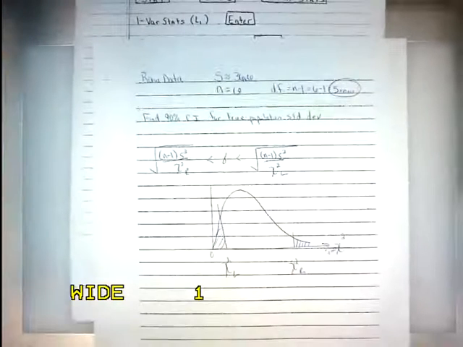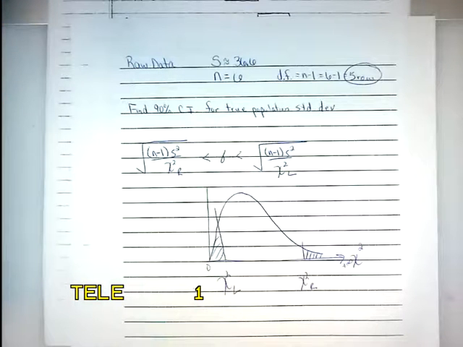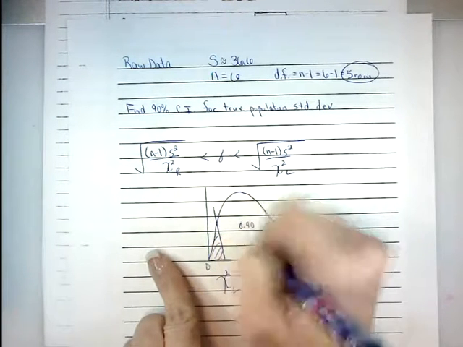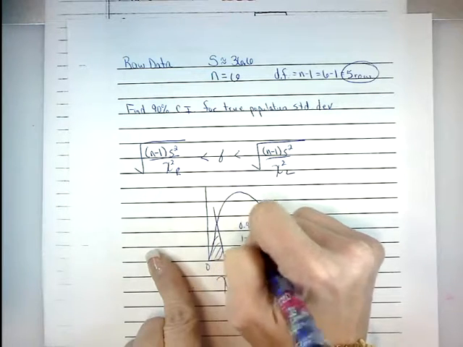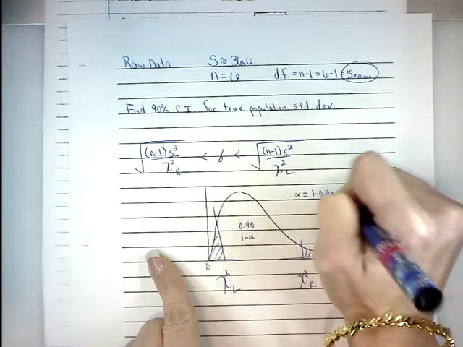I do realize that these lecture notes all involve 90%. It doesn't always have to be 95%. And in class, I cover a couple of examples where it's not 90% confidence. But again, this is 0.90, or 1 minus alpha, because alpha is 1 minus 0.90, or 10% in each tail.